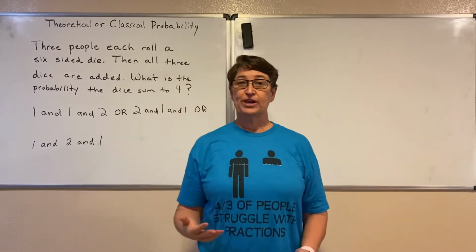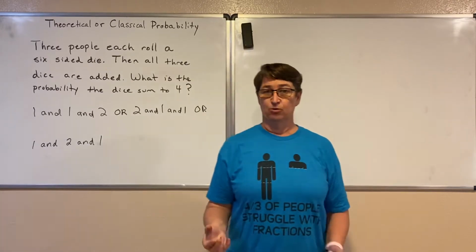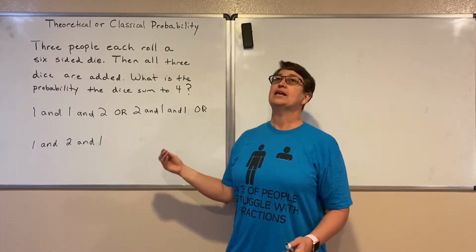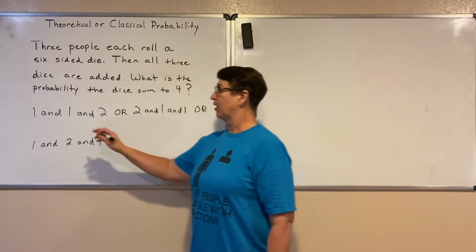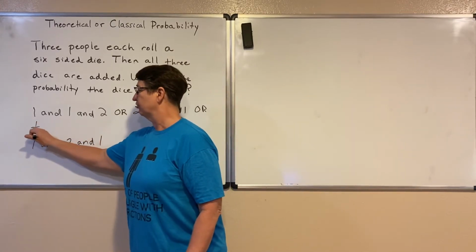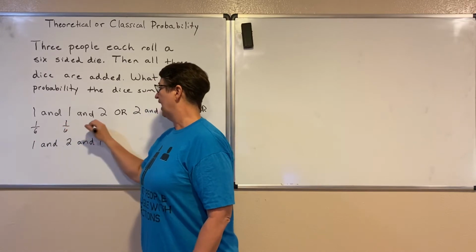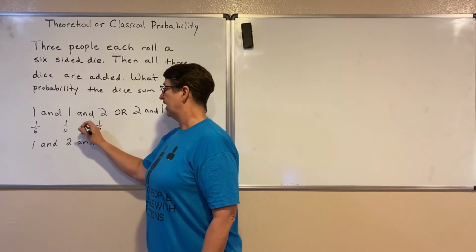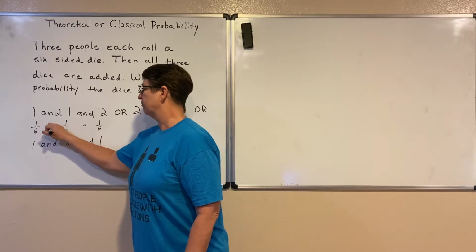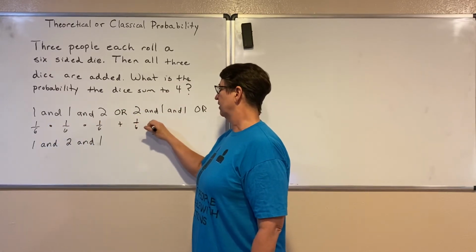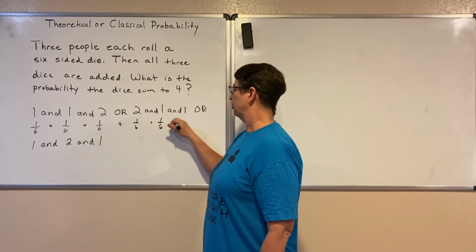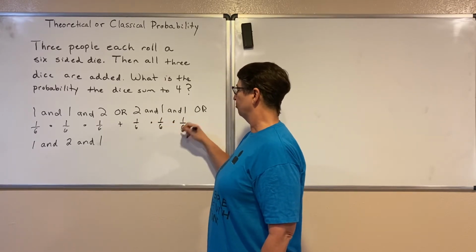Now that we have written down all the different ways that we can get to 4, now we can go back and put in the probabilities. So the probability you roll any one particular number on a die is 1 out of 6. Then the ands, I'm going to multiply. The ors tell me to add. So I'm just putting 1/6 for each of those probabilities.